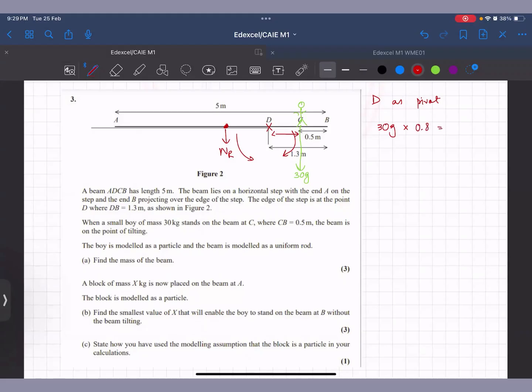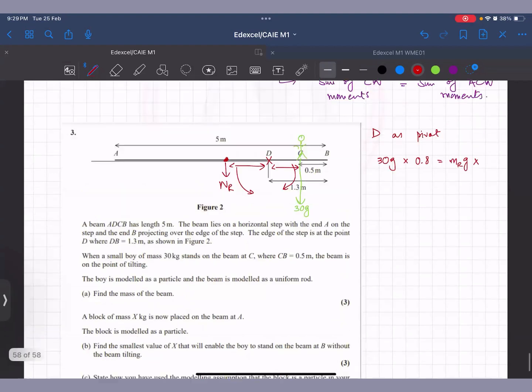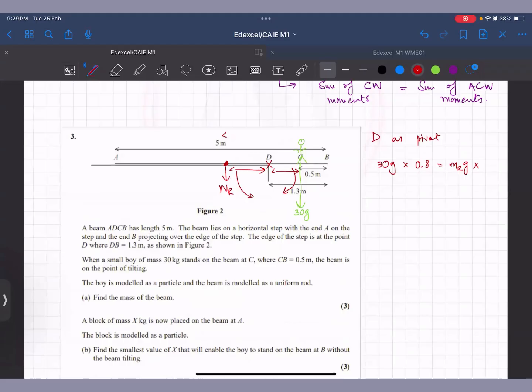This is equal to the weight of the rod, which we don't know right now, they want the mass of the rod, so mass of rod times g, multiplied by the distance. How much would this distance be? Again, they have told us that this rod is a uniform rod, so the center of gravity would be exactly in the middle. So this is 2.5 meters, and the distance would be 2.5 minus 1.3, which is 1.2 meters.